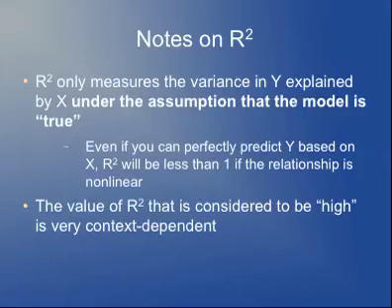And some comments on R squared. Keep in mind that R squared only measures the variance in Y explained by variance in X under the assumption that the model is true.